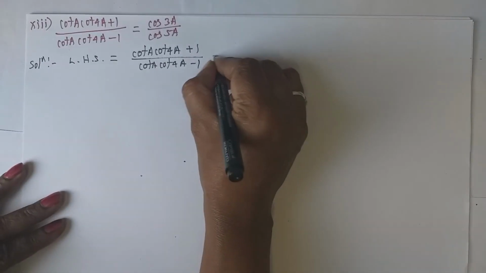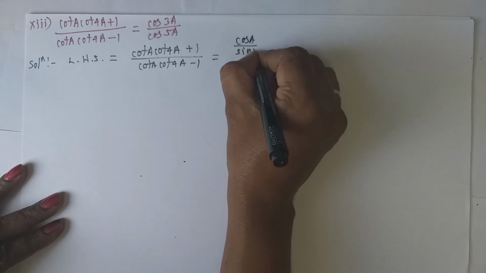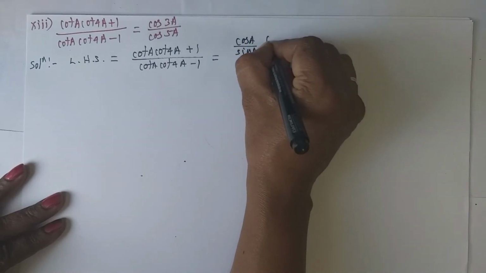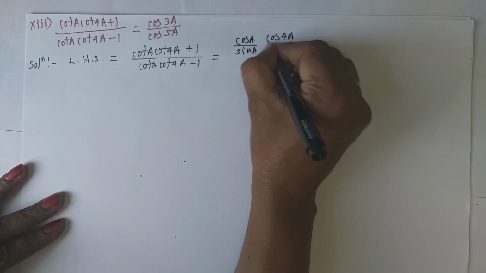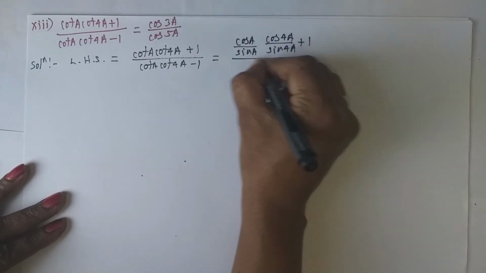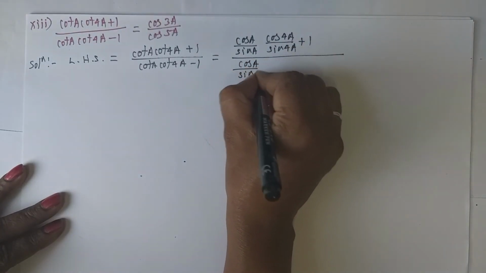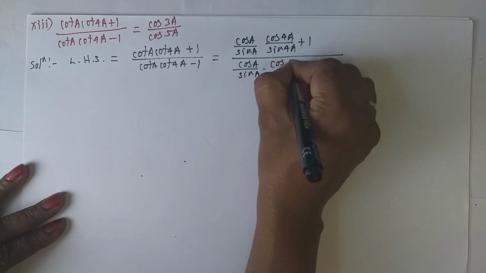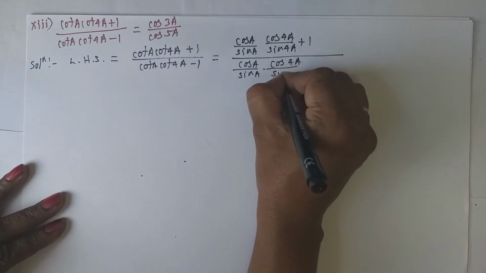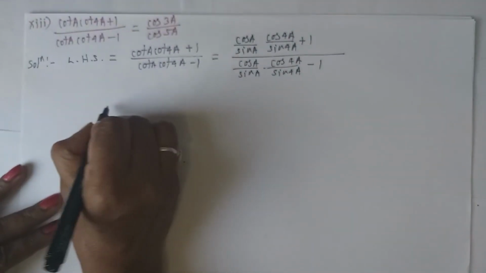Okay, then what will be this? This will be cos A divided by sin A, cot A, and cot 4A means cos 4A divided by sin 4A plus 1. Okay, and in the denominator, cos A divided by sin A into cos 4A divided by sin 4A minus 1.